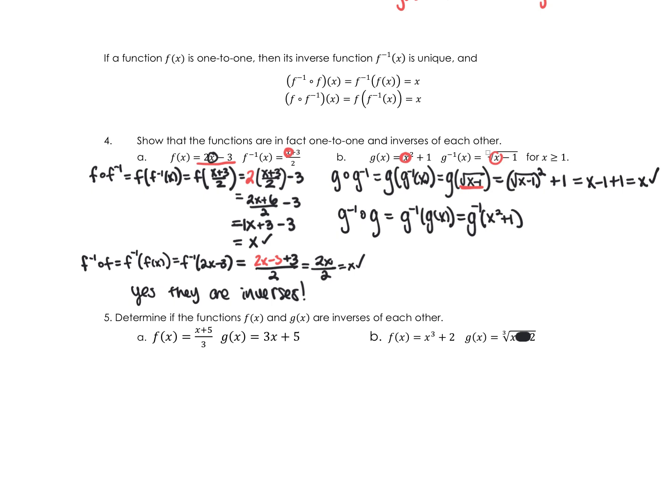So now we'll take this x and put x squared plus 1 in there for this x right here. Now we have to do the addition and subtraction first because it's under the radical. So plus 1 minus 1 is just x squared, and then the square root of x squared is just x. So this also works. So yes, these are inverses of each other.